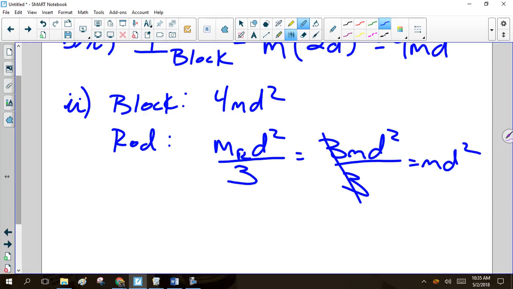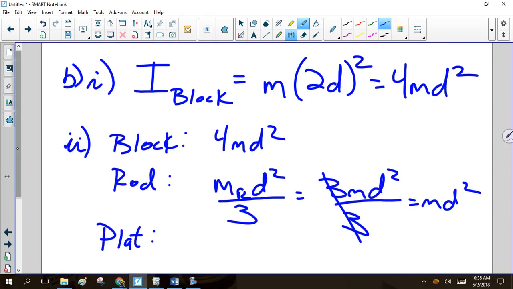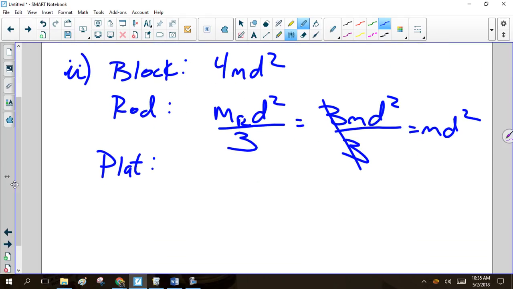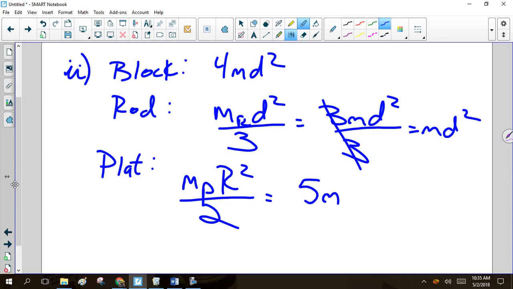Yep. All right, and then similarly, you got to do the platform. And it tells you that that is the mass of the platform times r squared over 2. So the mass of the platform is 5m. The radius is 2d, all over 2.